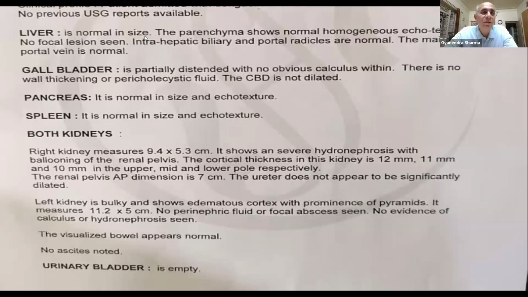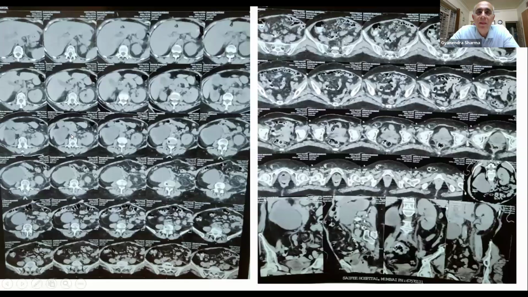Okay, non-contrast CT? Paras, show the CT scan.